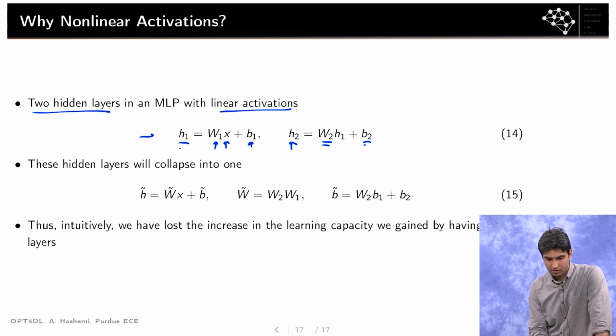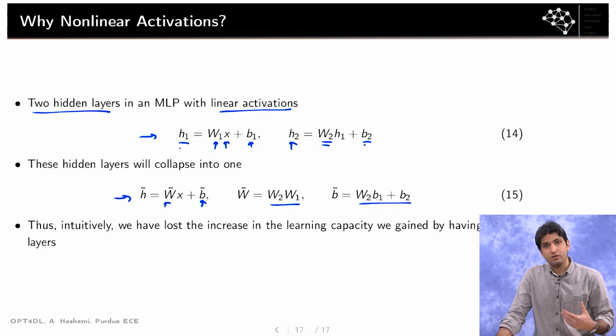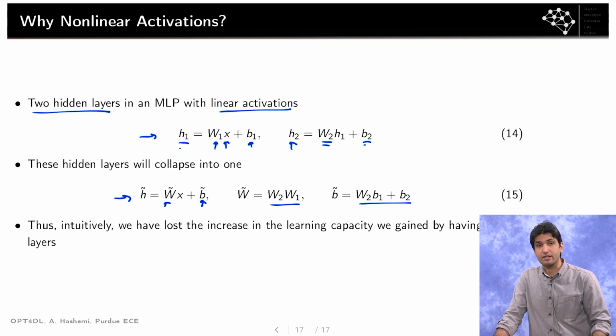So this model is actually equivalent to another model where I have only one hidden layer. I directly go from X to, let's say, H tilde with two new parameters, W tilde and B tilde. And W tilde and B tilde actually depend upon W1 and W2, and B1 and B2, as I'm showing here. Okay, so this is not desirable. Why? Because we talked about the fact that increasing the hidden layers could increase the learning capability.